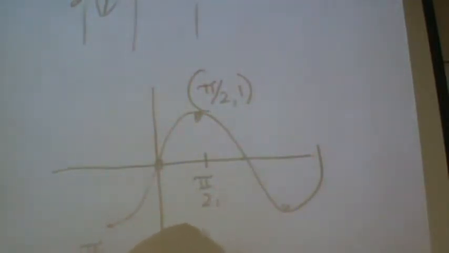It was negative pi over 2, negative 1. That's what an odd function means. So you can just remember it. Tangent and sine are both odd, and even is the cosine graph. Why is the cosine graph even? Anyone remember why? It has symmetry to the y-axis.